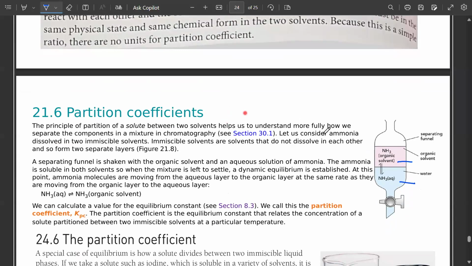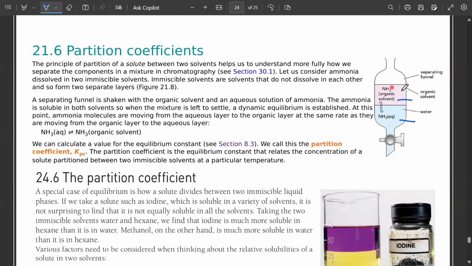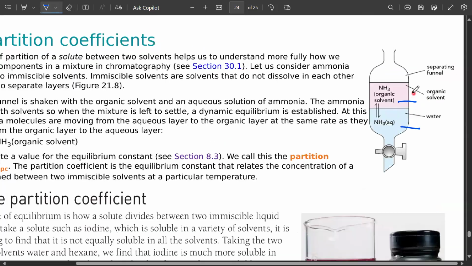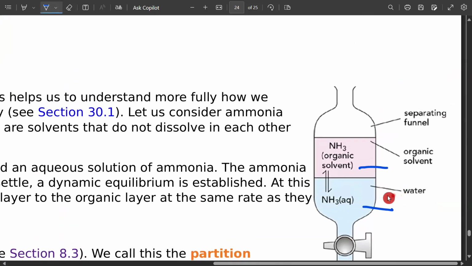So if you consider this example, we have the ammonia as the solute, and there are two solvents here. We have the organic solvent, and this is one solvent, and water is the second solvent.